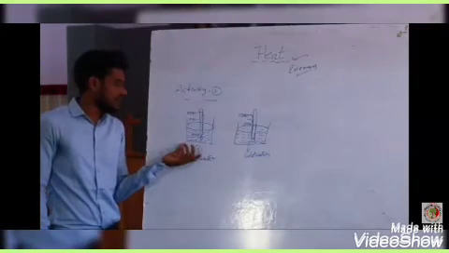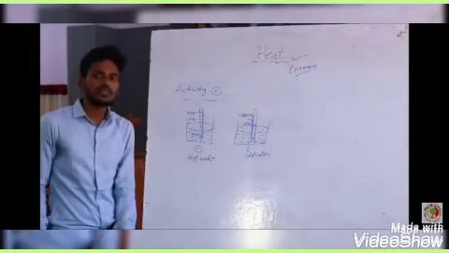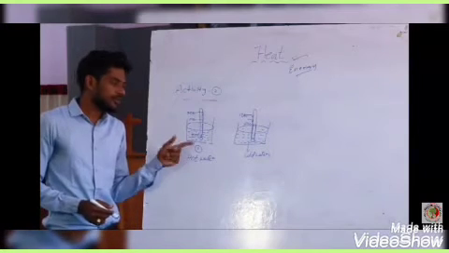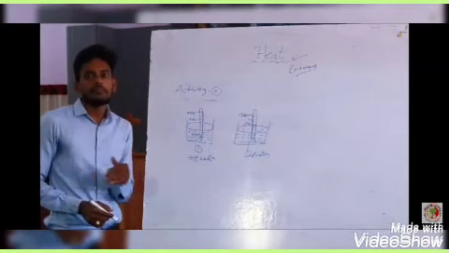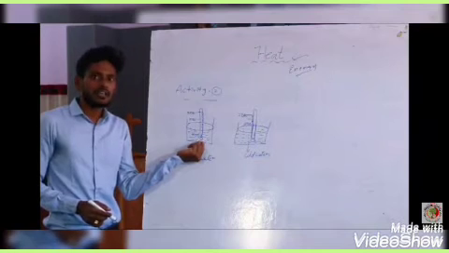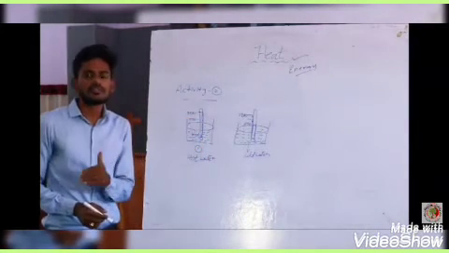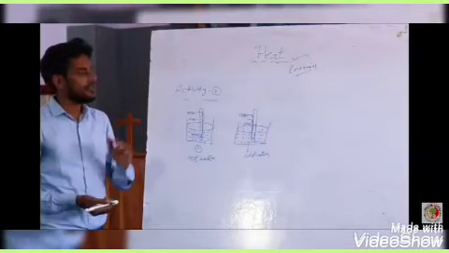Two glass tumblers: one glass tumbler filled with hot water, one more with cold water, and you dip one laboratory thermometer, which, of course, contains mercury. You know that.